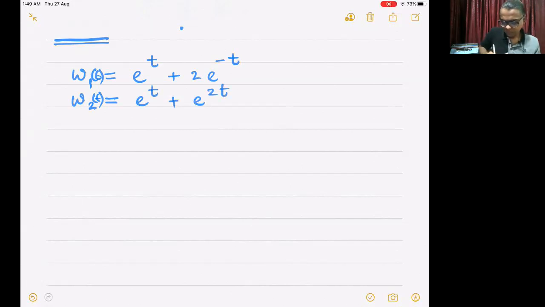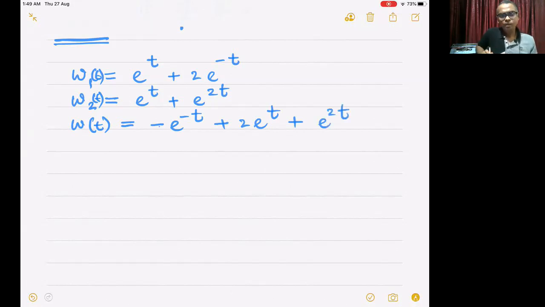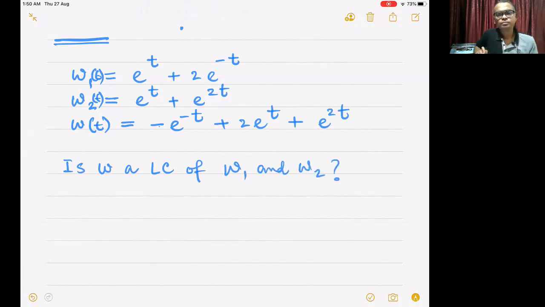Of course, these are functions of time. And then I ask the question: w(t), which is some other function, say this function comes out to be minus e to the power minus t plus 2 e to the power t plus e to the power 2t. So I can ask the question: is w a linear combination of w1 and w2, right?